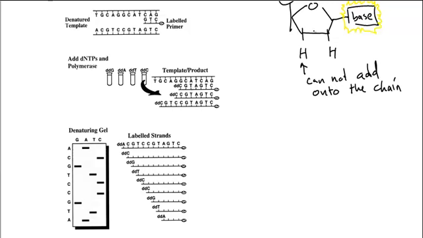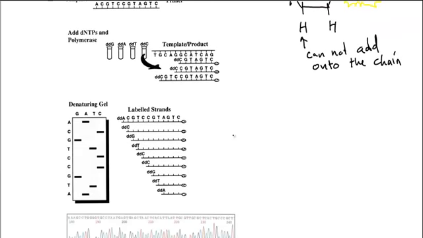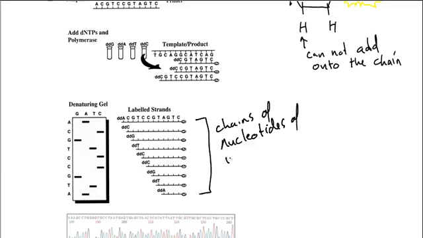And sometimes you'll incorporate the dideoxy nucleotide and the chain will stop growing. And what will eventually happen is you get chains of nucleotides of various sizes when you run your PCR.